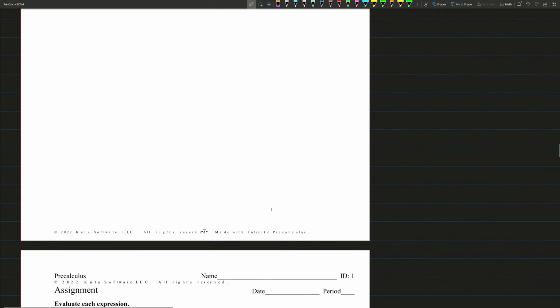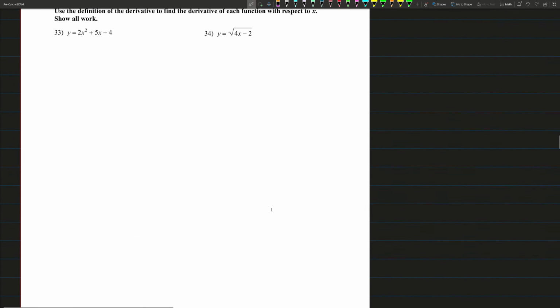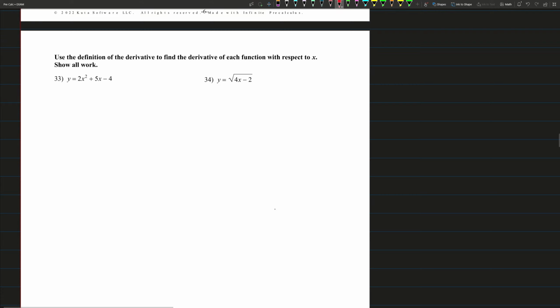33 and 34 are taking the derivative. All right. So the definition of a derivative, again, is finding the slope of things that are really, really close together, such that we're basically taking the slope at a point.